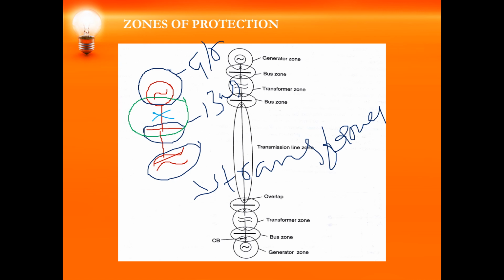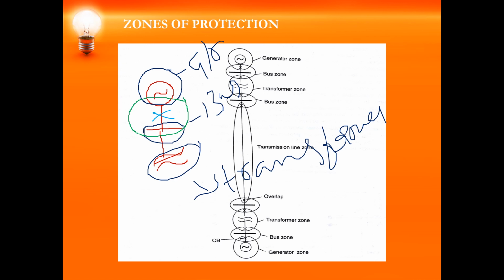In such case, how does it work? If a fault has occurred here at this point, the circuit breakers at the generator, the circuit breakers at the bus bar, both are going to trip. Clear? So if we have a protection system which is designed only for generator, it will protect only the generator part.